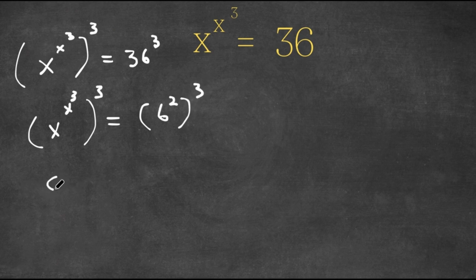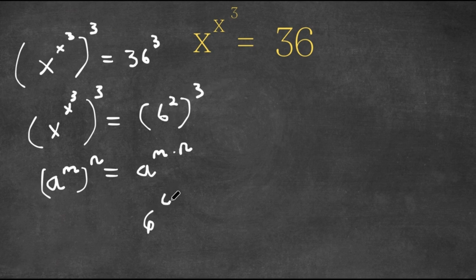Now, if we have something in the form a to the power of m to the power of n, this is equal to a to the power of m times n. So as you can see here, 6 squared to the power of 3 would equal 6 to the power of 2 times 3, which is 6 to the power of 6.